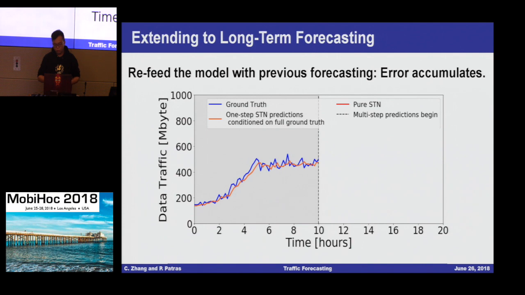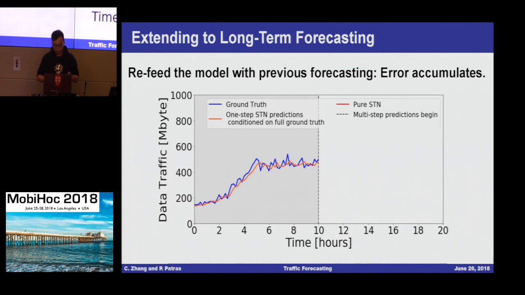So in order to extend the forecasting to the long term, one of the simplest ways is to feed the model with its earlier prediction. But this will introduce a problem: every prediction will make an error, and this error will accumulate. So I will show you an example in this figure.